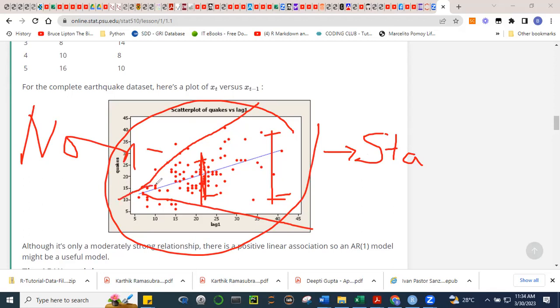Number one, may trend siya. Okay, our data set has a trend. So if it has a trend, that means that the mean is not constant over time. Okay, in order for the data to have constant mean, dapat ganito lang siya. No?